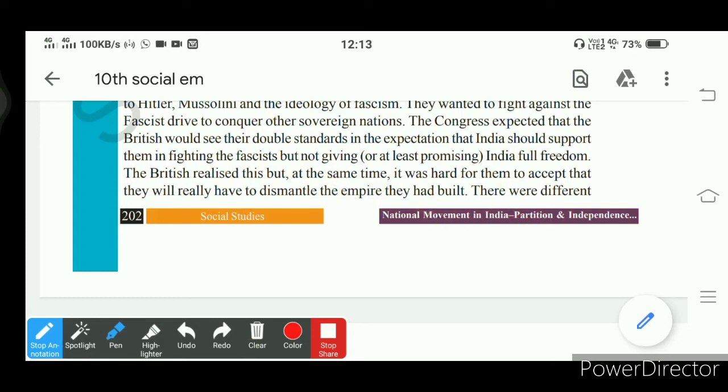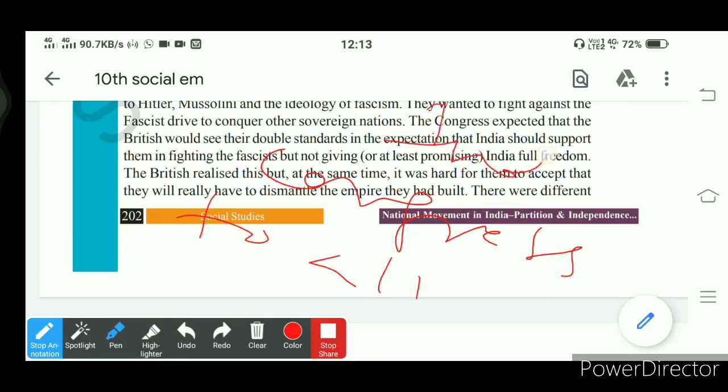So Britishers wanted to keep their rule in India, and for that they decided to decrease the popularity of the Congress party. So they raised the question that Congress is not representing all Indians.